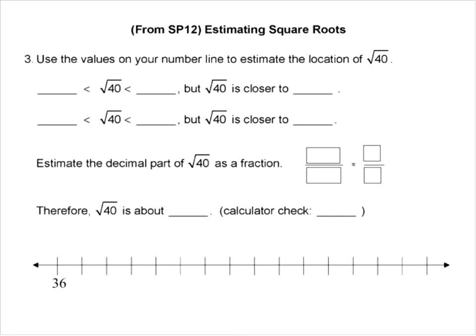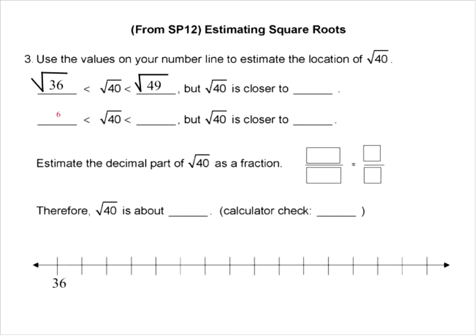So I'm going to put SQRT 36 for square root. Thank you, whoever's doing that. I'm going to delete my writing so that we're not overlapping. The square root of 36 is 6, and the square root of 49 is 7.